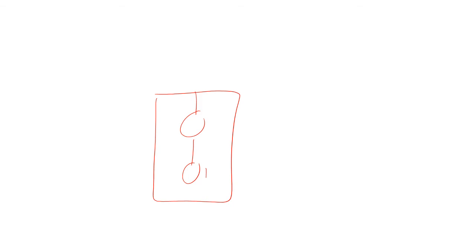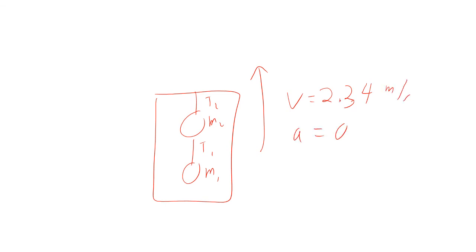Now, as I said, this is a little small room. What if the small room is an elevator? What if the elevator is going up at constant velocity? So acceleration 0.